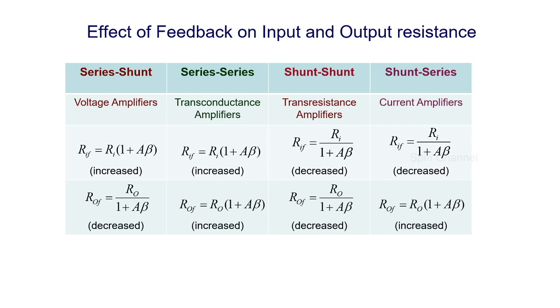For shunt topology, which is suitable for transresistance amplifiers, both the input resistance and output resistance are decreased. Shunt series topology is suited for current amplifiers, where the input resistance is decreased and the output resistance is increased for the feedback amplifier.